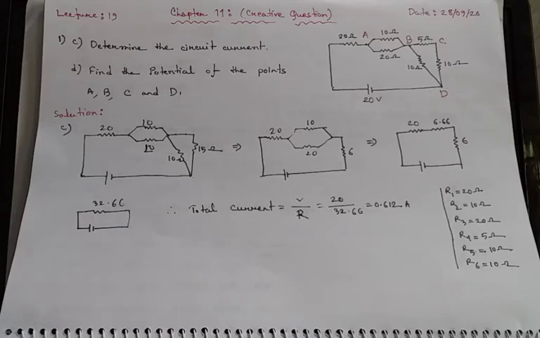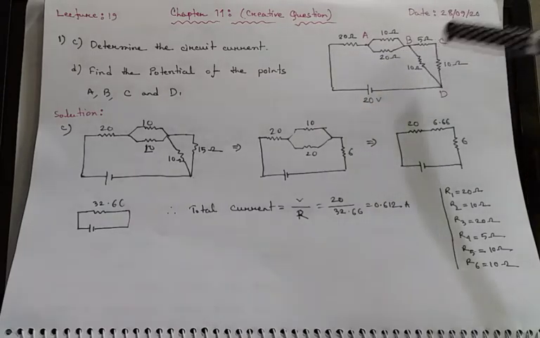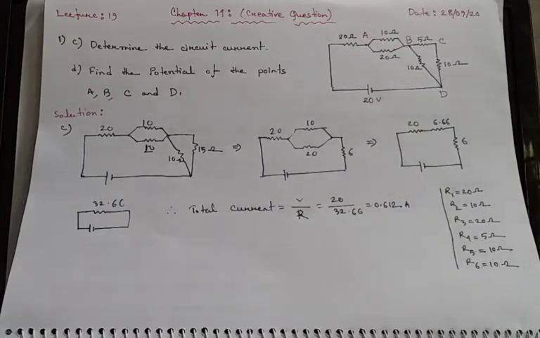Here this is a circuit. If you look at the picture, the circuit consists of several resistors. There is a series combination, and there is also a parallel combination. Here 6 resistors are used in this circuit.